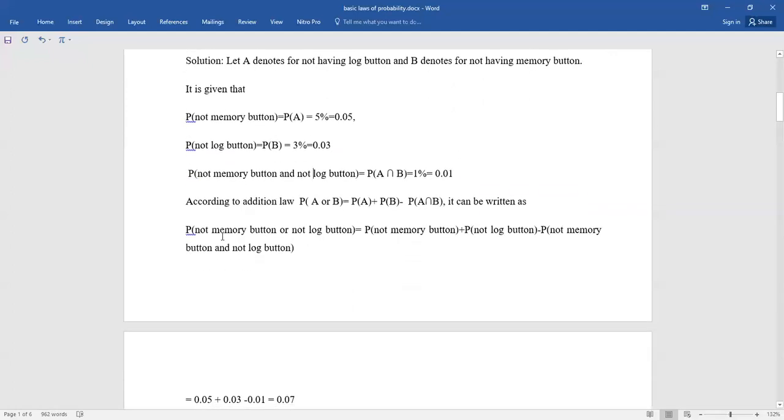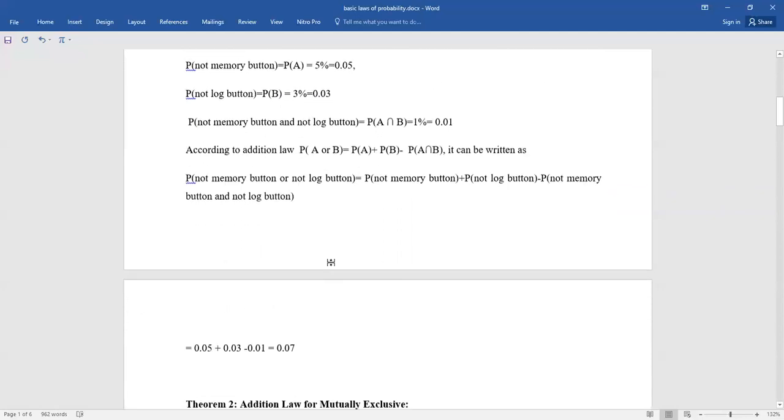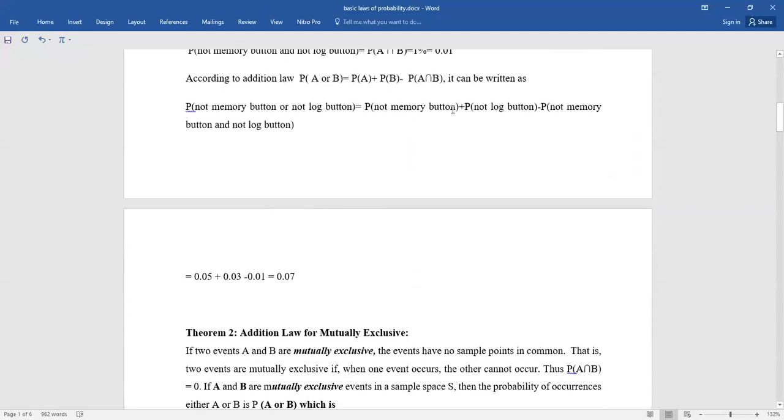So we can write probability of not memory button or not log button. As it is an or, you have not memory button plus not log button minus not memory and not log button. So you can use the addition law: not memory button 0.05, not log button 0.03, and both 1%, 0.01.